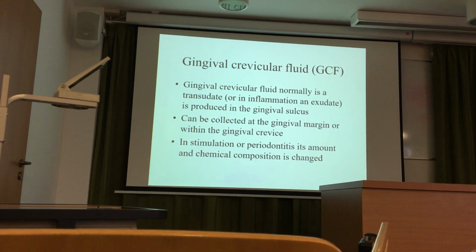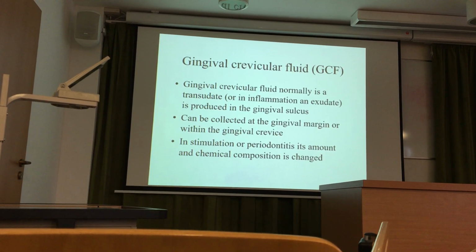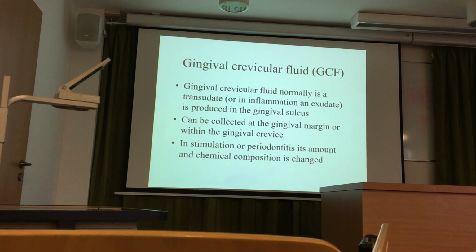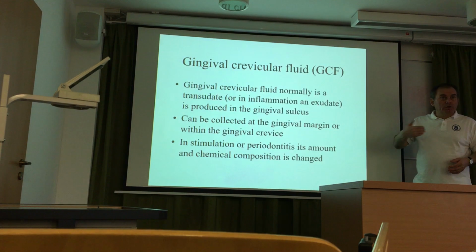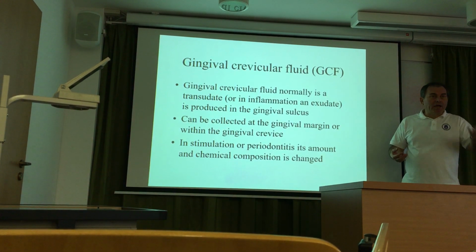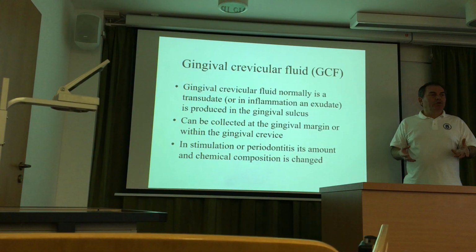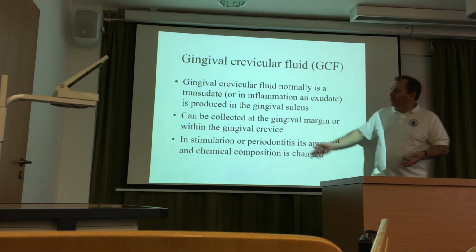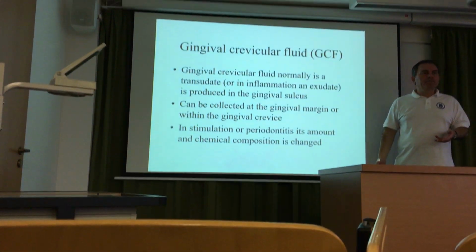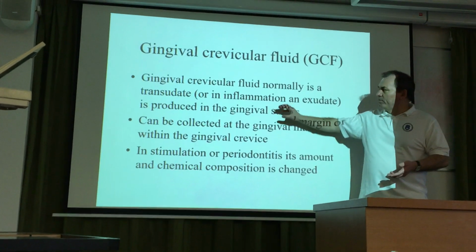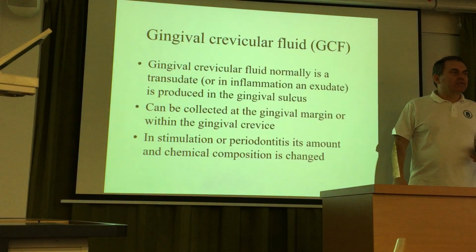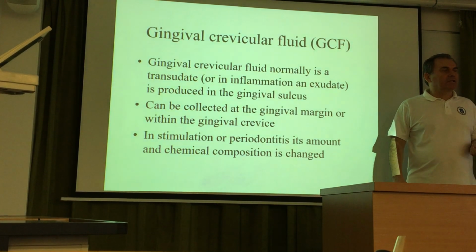So it is transferring from the blood vessels to the extracellular space and to the tissues, forming from the plasma, okay, from the peripheral blood. So the source of this fluid is the peripheral blood, and normally it is formed continuously, but sometimes when we have pathological situations, so in inflammation, its formation is increased, accelerated.